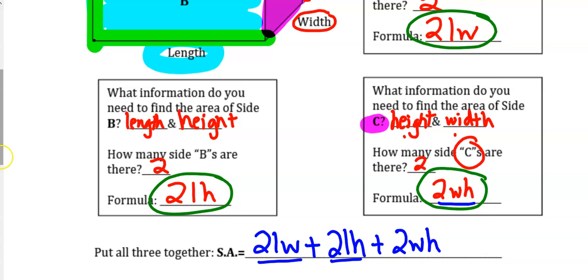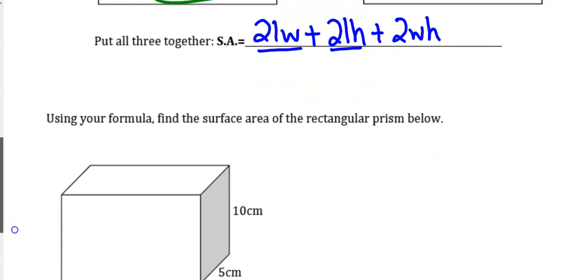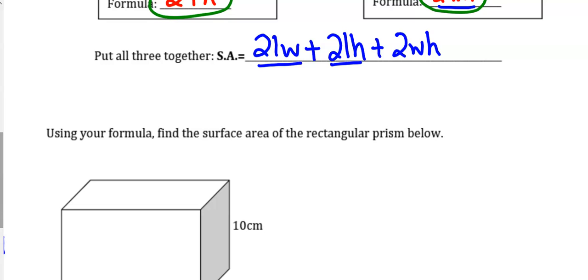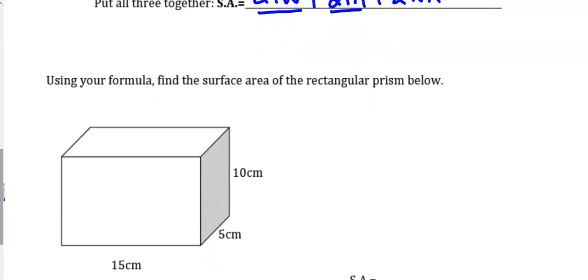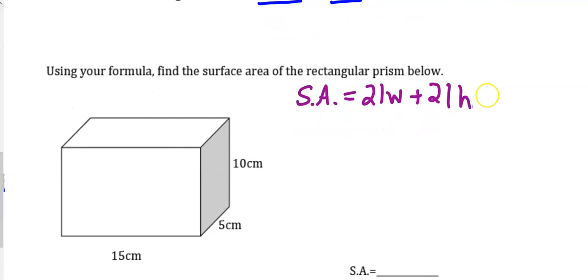So we have our formula, and now we're going to move down here, and using the formula, we're going to find the surface area of this given rectangular prism. So I'm just going to rewrite the formula down here so we can see it. So surface area is equal to 2 times length times width plus 2 times length times height plus 2 times width times height.